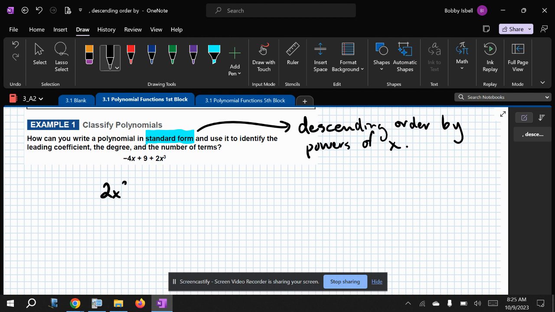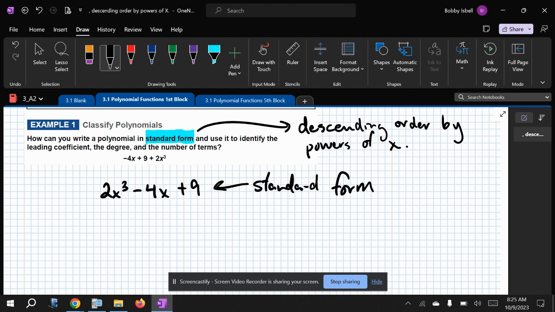So we're going to write 2x to the third first. Then the next highest power of x would be negative 4x, right? So we're going to write minus 4x. And then plus 9 is the last piece. So this is standard form, because it's in the right order.